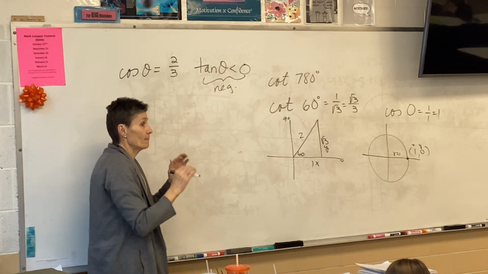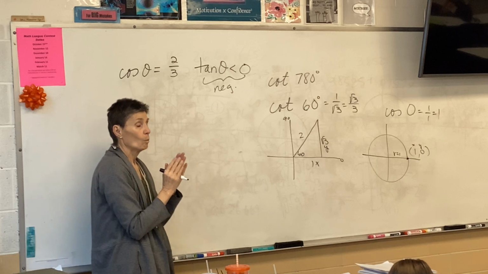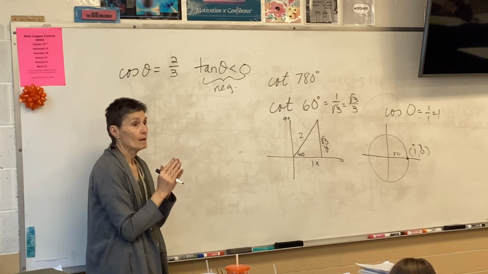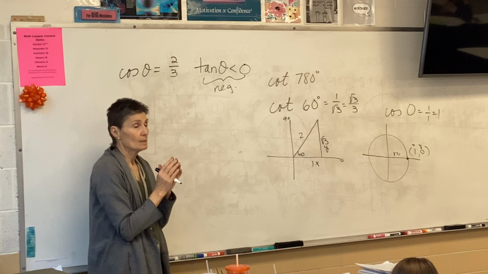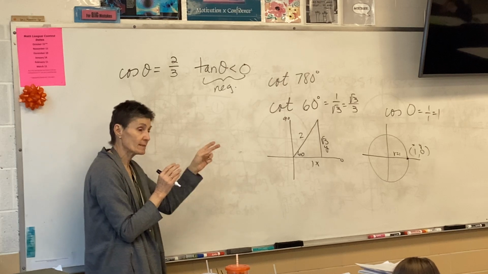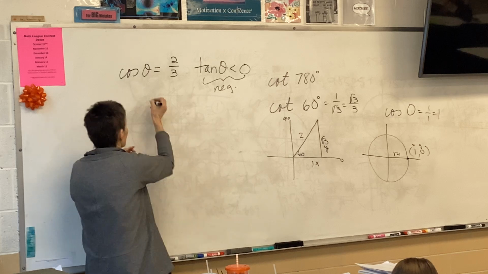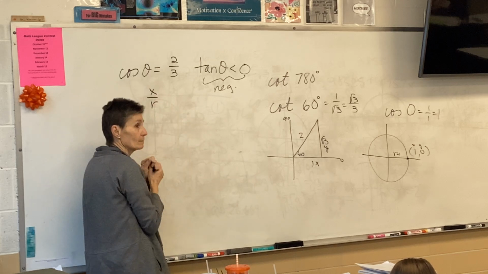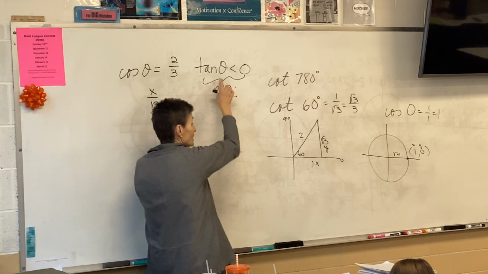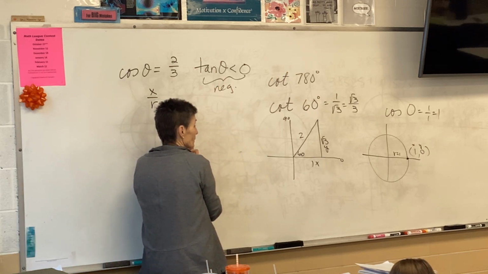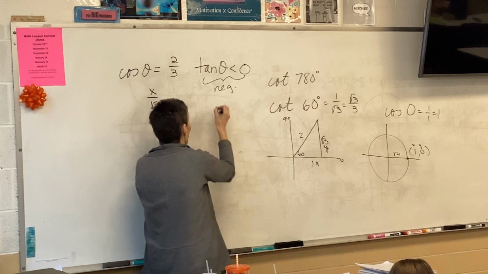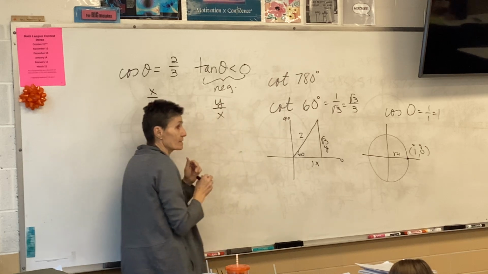Now, what is cosine? By definition, cosine has two definitions: adjacent over hypotenuse, and what's the other definition? X over R. And what's tangent? Opposite over adjacent, and the other one is Y over X.